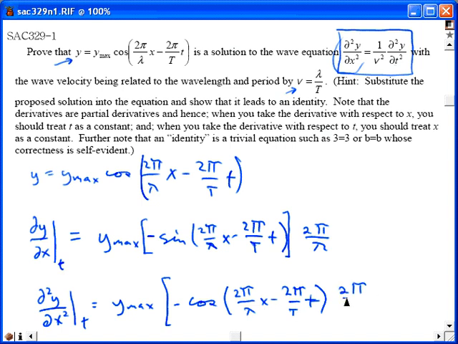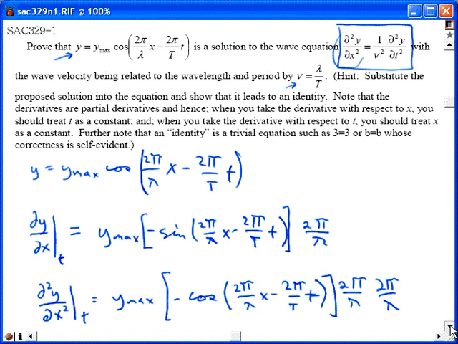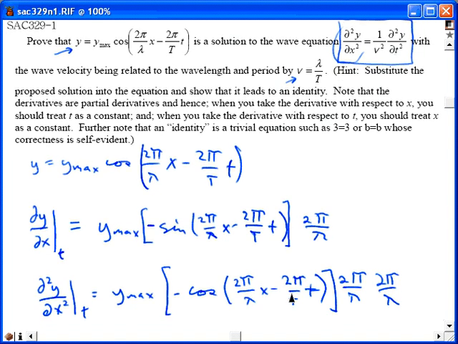I get a 2 pi over lambda. And then times this constant that was out front, which is the 2 pi over lambda, which was already there. What I've used is the chain rule for the function of a function. I used it twice. So I took the derivative of the cosine with respect to its argument, which gave me minus the sine of the argument, and then times the derivative of the argument with respect to the variable with respect to which we're taking the derivative overall.